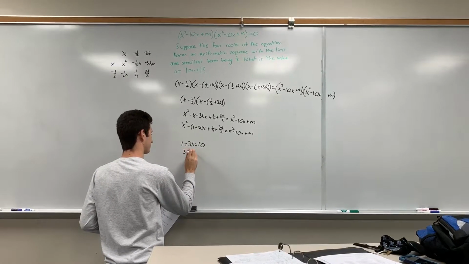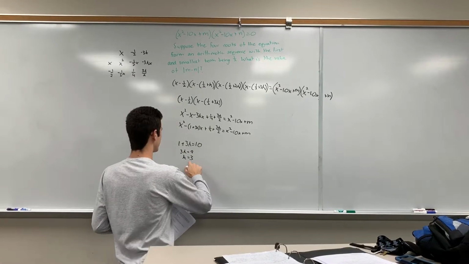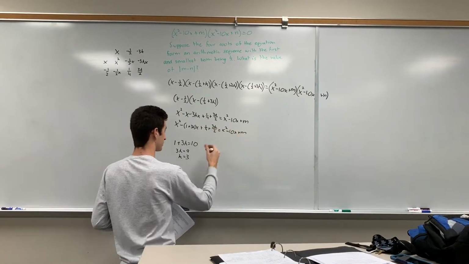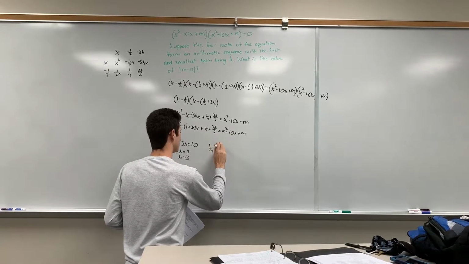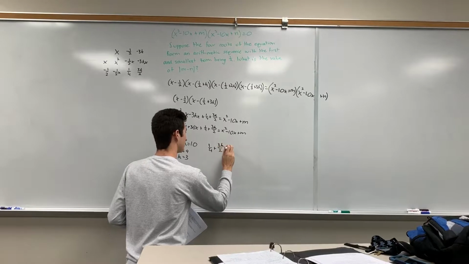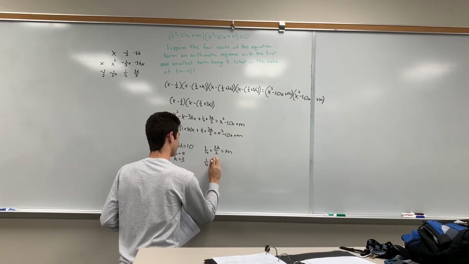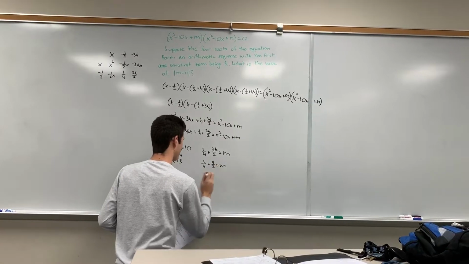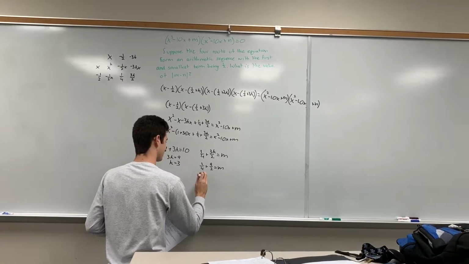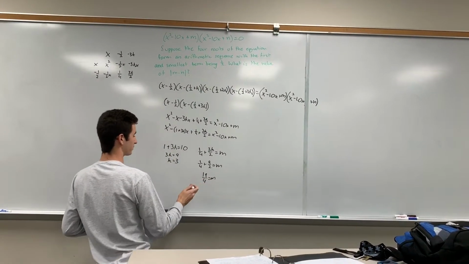So 3k equals 9 and k equals 3. Now you plug this k in to solve for m, because you know 1/4 plus 3k over 2 equals m. So 1/4 plus 9 over 2 equals m. So that's 19/4 equals m, just like we got before.